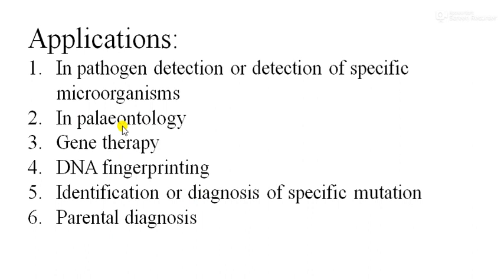Number 2, paleontology, gene therapy, and DNA fingerprinting. In DNA fingerprinting in forensic labs, PCR technology is of great importance. And number 5, identification or diagnosis of specific mutations. By this PCR technique, we can identify the mutations of different species.